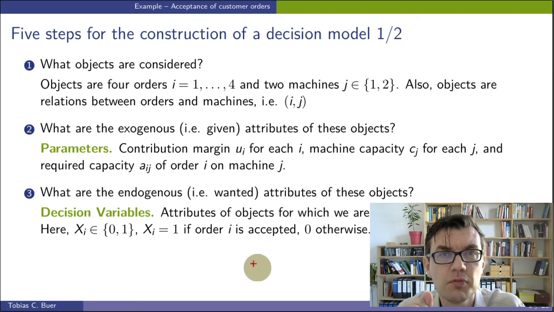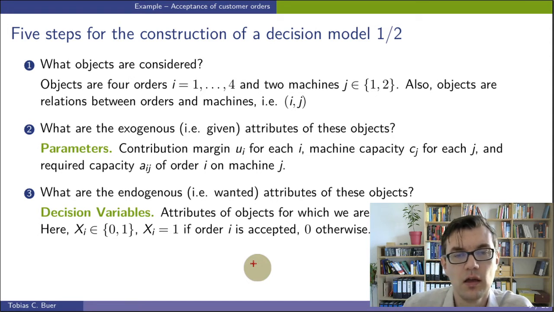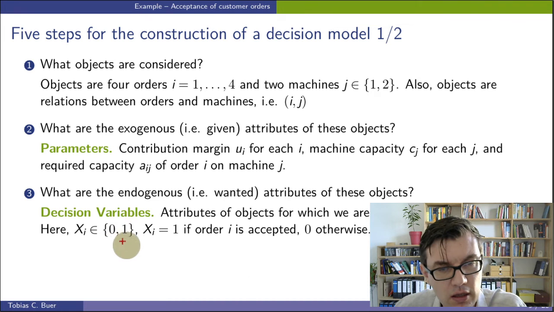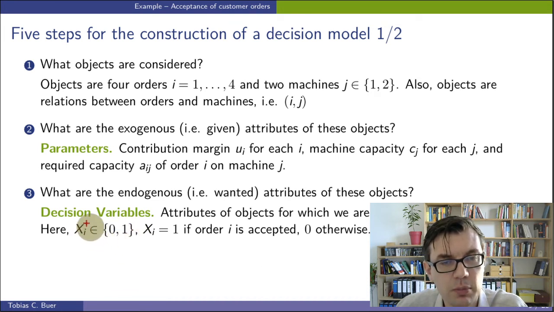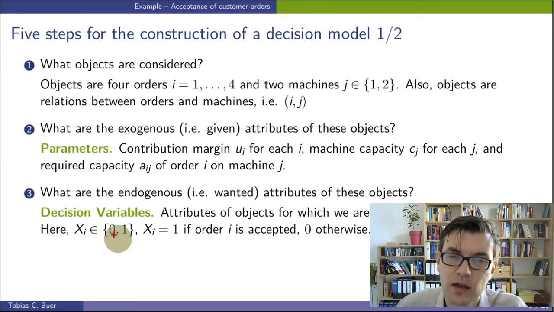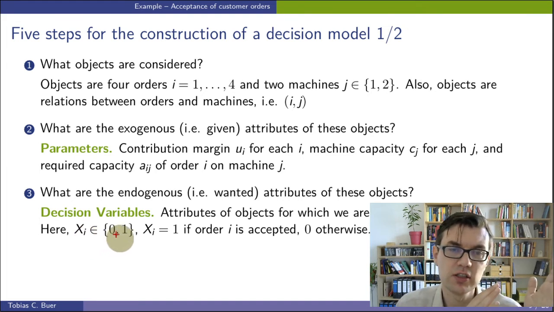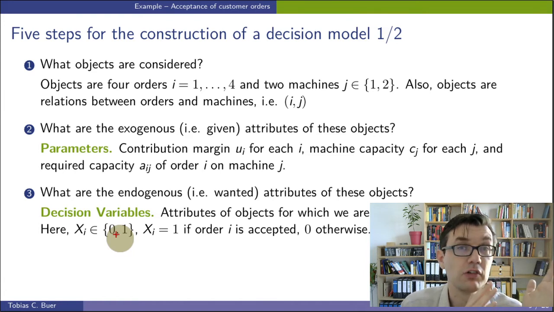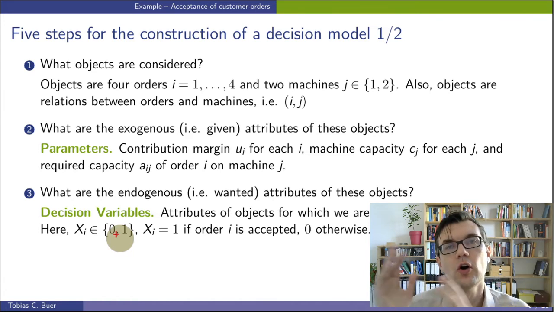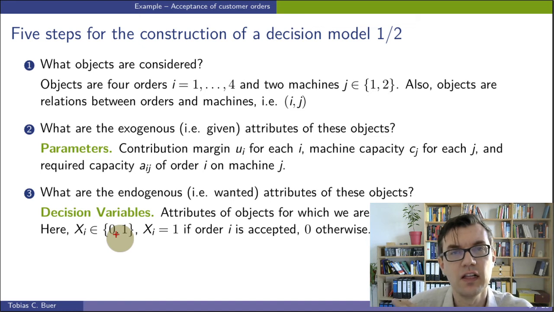For each order we want to decide, shall we accept this order or shall we reject this order? We model it in this example in the following way. We have a decision variable for each order, and this variable can have either the value 0, that means we reject the order, or the value 1, which means we accept the order.